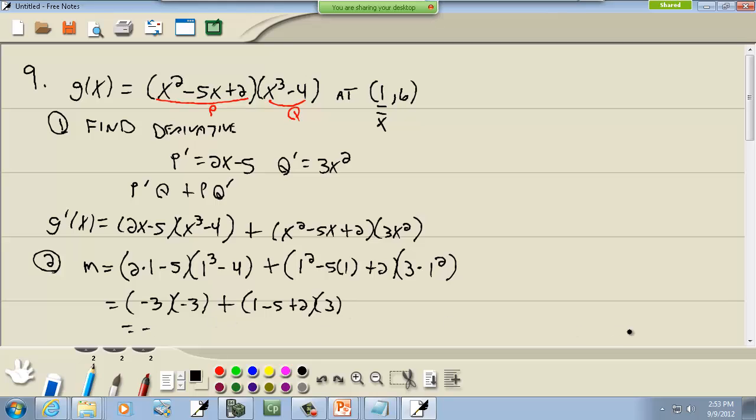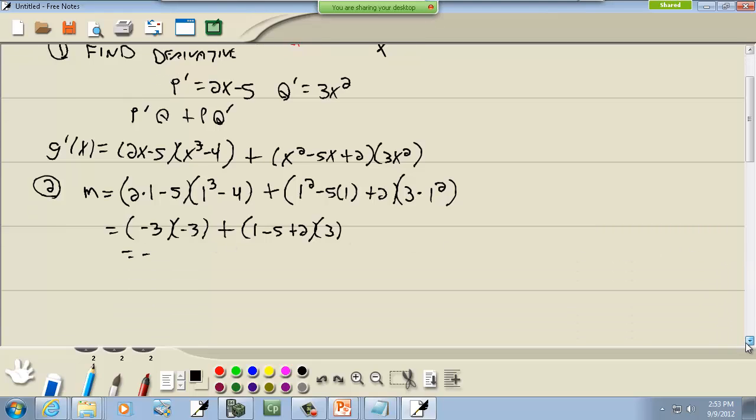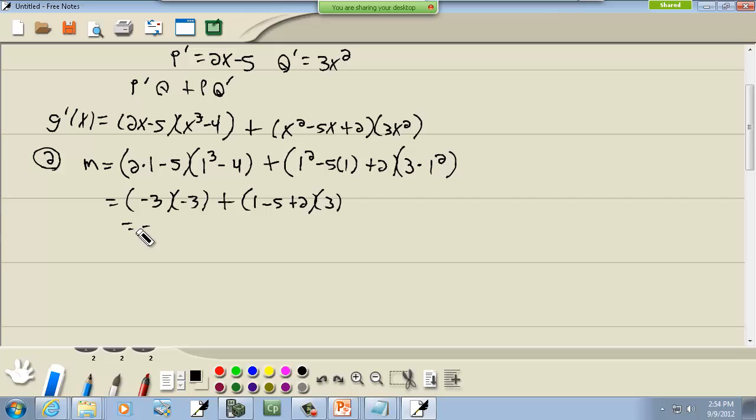So this gives us, oops, try it again. Negative 3 times negative 3 is 9. 1 minus 5 is negative 4, plus 2 is negative 2, times that is negative 6, which will give us 3. Yeah. That's m.